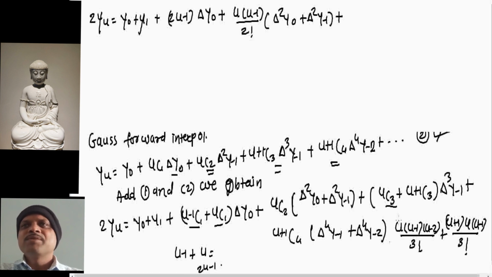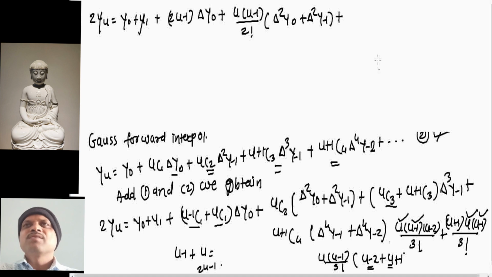So common terms are u and u minus 1. Taking this common, u into (u minus 1) divided by 3 factorial, and what remains is (u minus 2) plus (u plus 1). So we have now 2u minus 1.